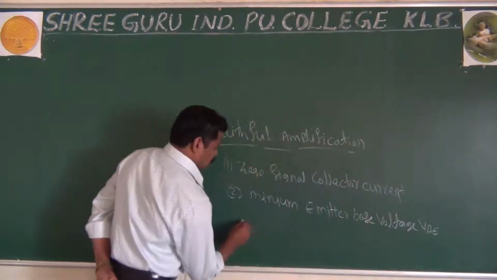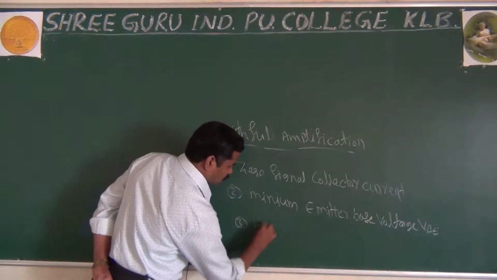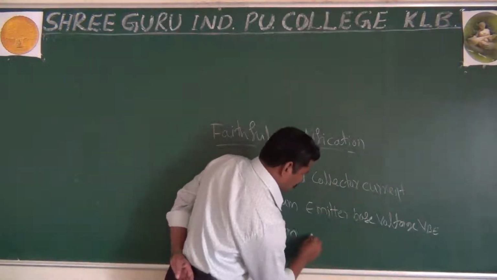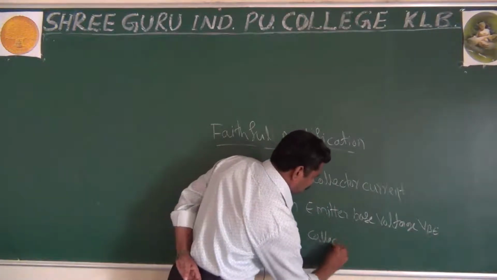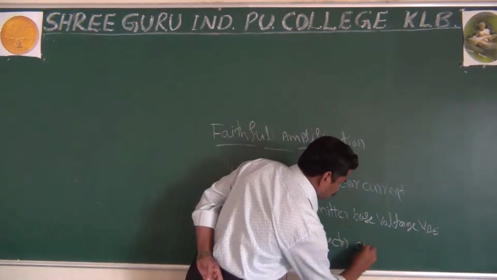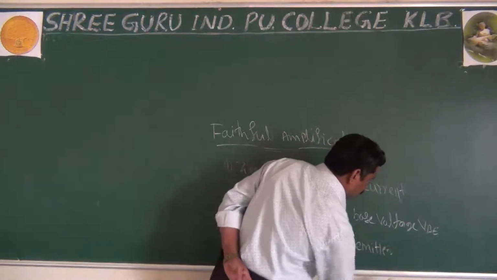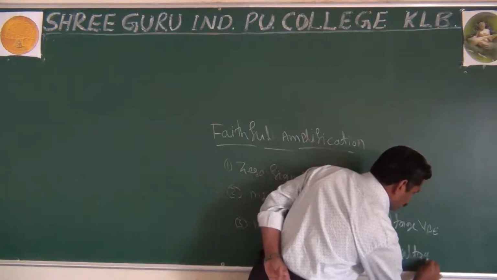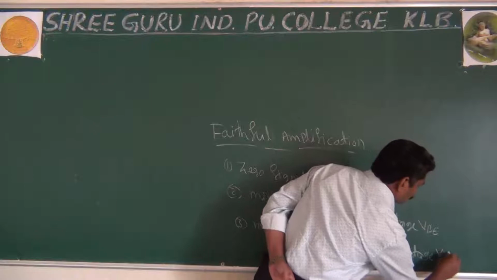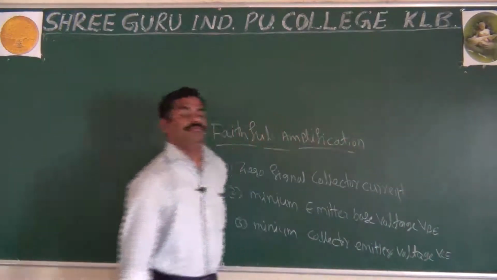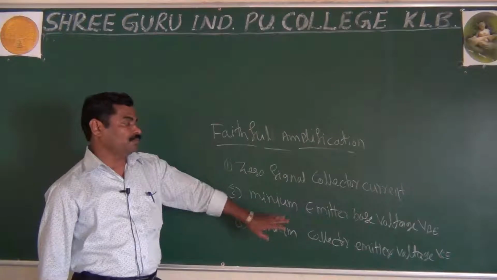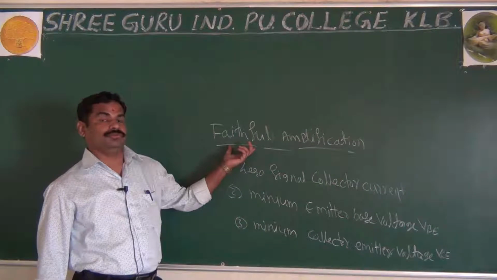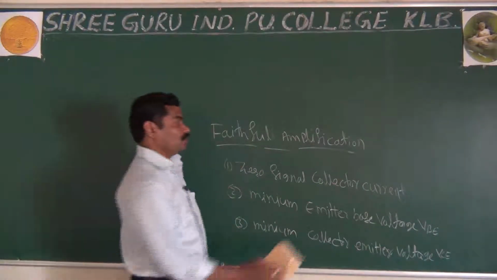Also we want minimum collector-emitter voltage, that is, minimum VCE. If these three conditions are satisfied, then only your amplifier will give the faithful output. This is what you studied up to the last class.